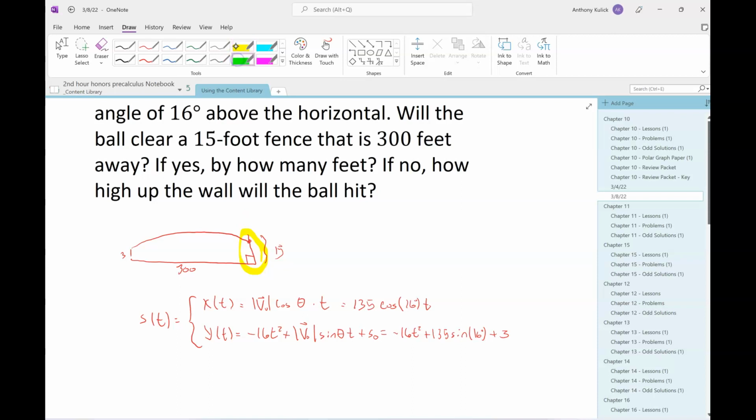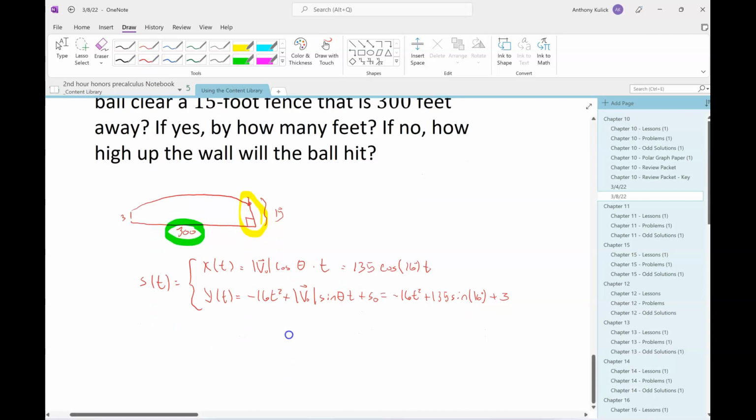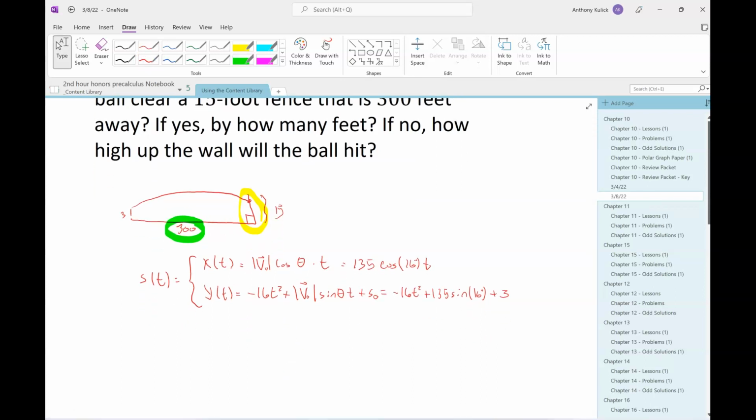To get that time when the ball reaches the wall, I'm going to use that the wall is 300 feet away and figure out how long it takes the ball to go 300 feet in the horizontal direction.